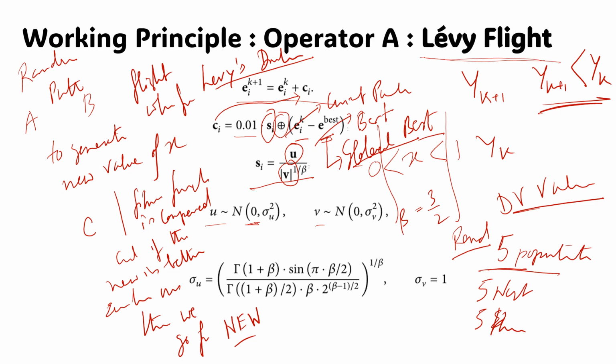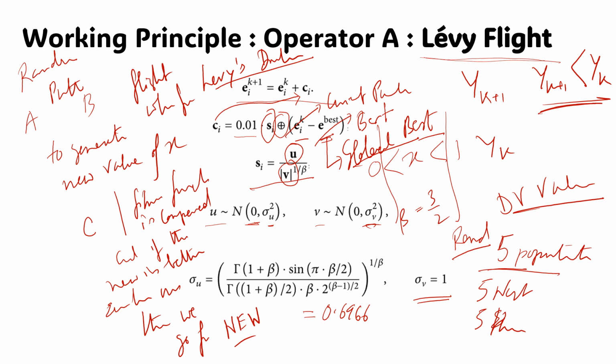For the values of U and V, we have to use the normal distribution with the standard deviation for both U and V. The standard deviation sigma V is equal to 1 in this case, so no need to worry about sigma V. But you have to worry about sigma U, which is the gamma distribution of beta. When you calculate it, it comes to 0.6966, and sigma V is 1.